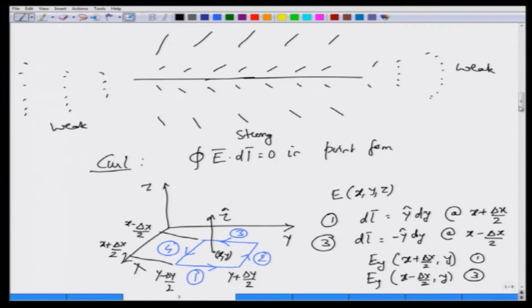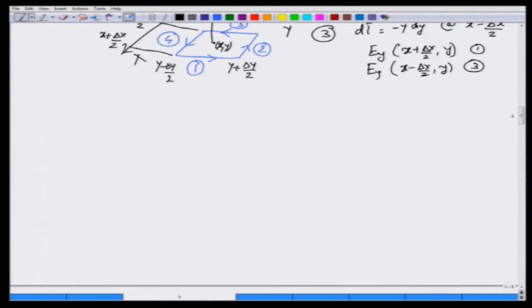If I now evaluate this line integral, the path 1 contribution will be Ey at x plus delta x by 2 comma y, multiplied by delta y, because as you integrate from y minus delta y by 2 to y plus delta y by 2, this gets multiplied by delta y. The contribution from path 3 will be Ey evaluated at x minus delta x by 2, along y, times delta y. Once I integrate there will not be any y dependence.